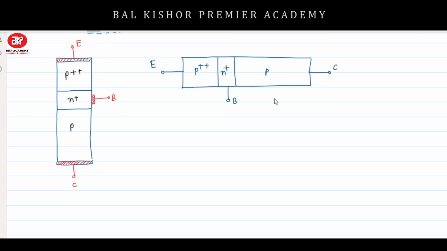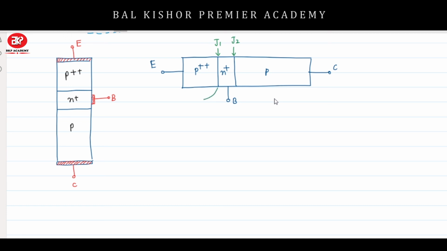So in this case we can see that there are two PN junctions. One junction is here, another junction is here. Here it is the first junction J1, that is a PN junction, and the J2 junction we can say it is an NP junction.